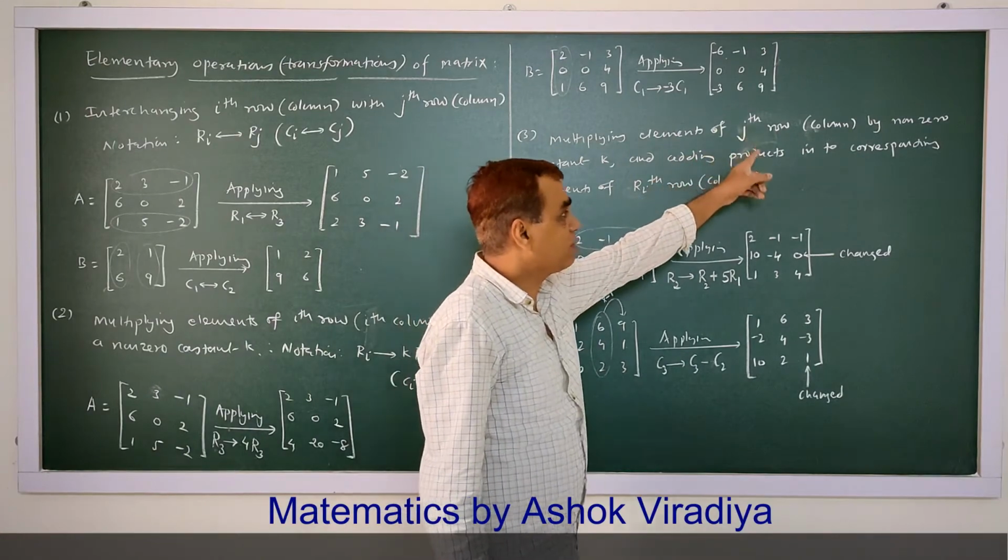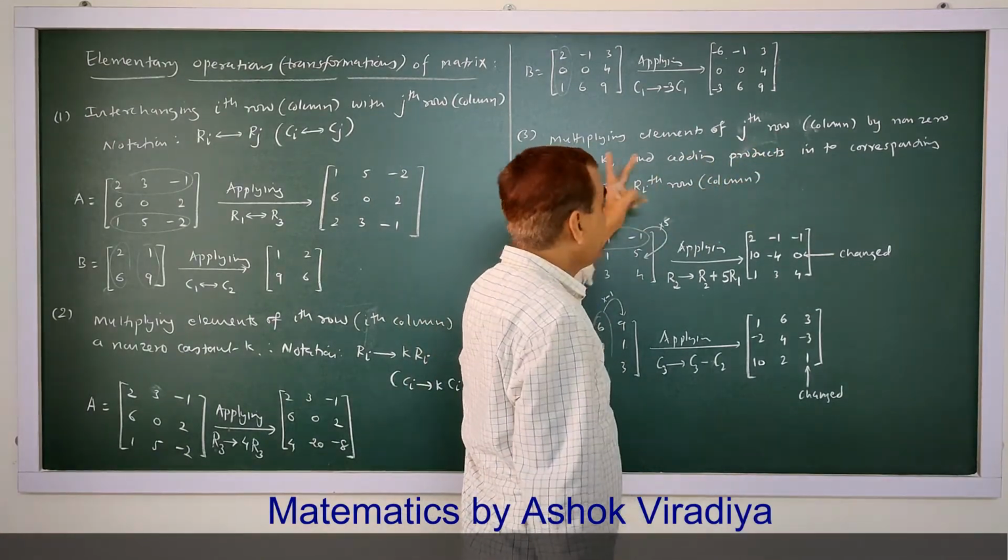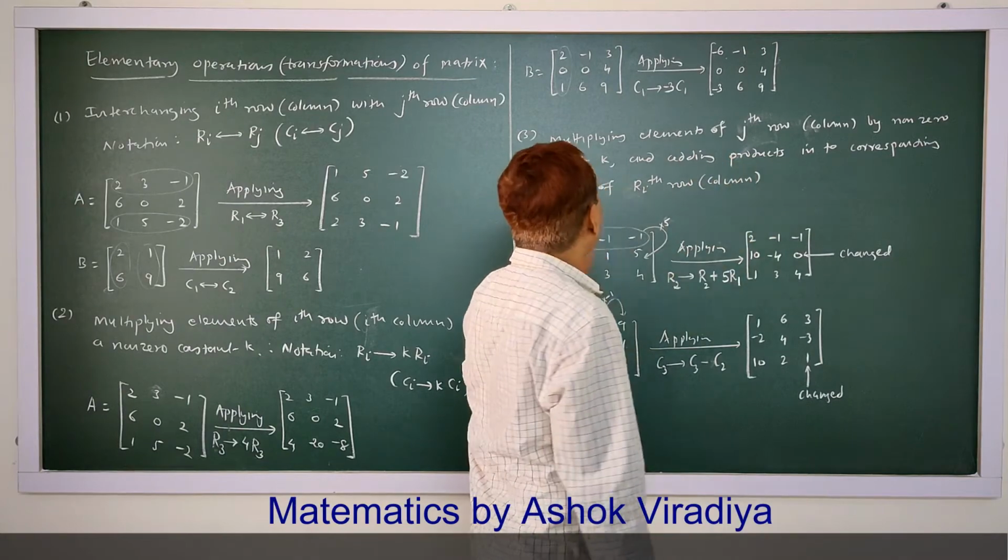Multiplying elements of jth row or column by non-zero constant k and adding products into corresponding elements of some other row.